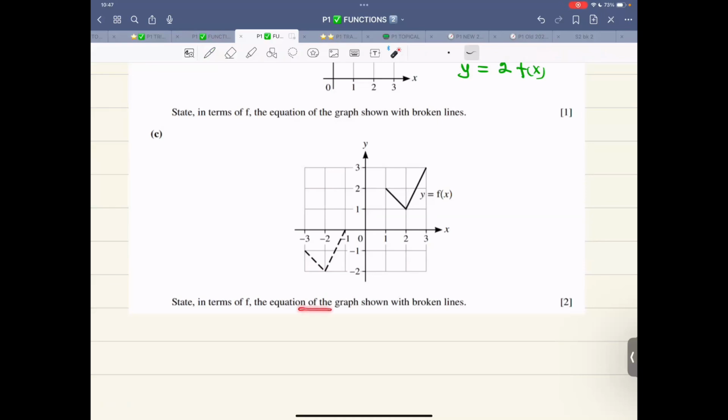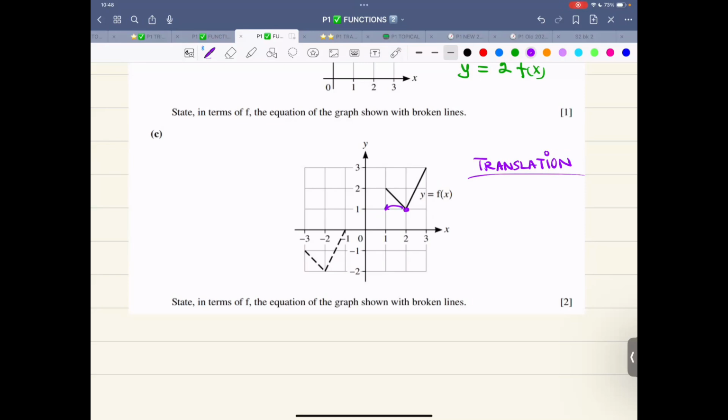Now it says in part C, the equation of the graph shown with broken lines. Now we know that this is like 1 unit this way, 1 unit this way, and then like 2 units and 1 like this, 2, 1 like this. So that means the shape is not distorted. Therefore, it's a translation. And it's not one single translation, it's two translations.